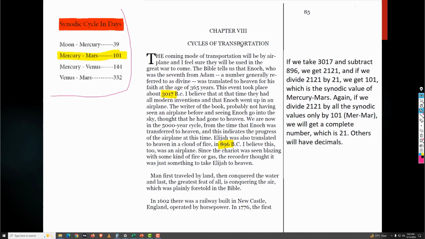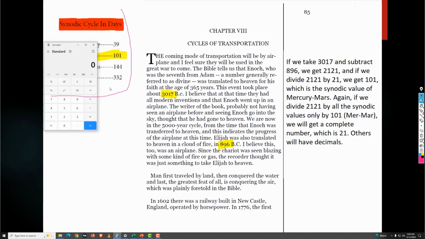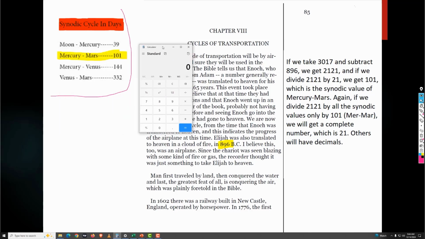We can see a few numbers on that page. If we take 3017 and subtract 897, we get 2121.